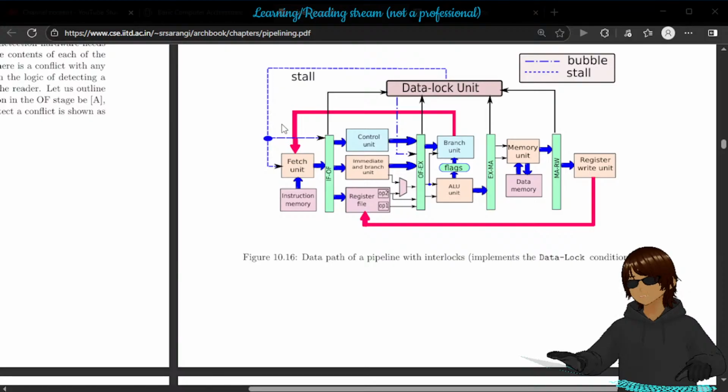So what is the stall over here? I'm guessing if this is true, then it will introduce a bubble in the execute stage.